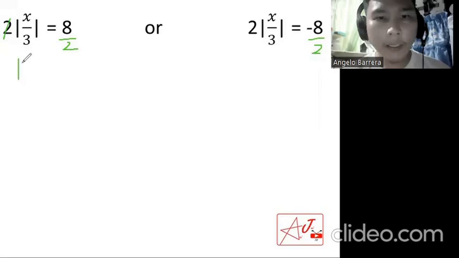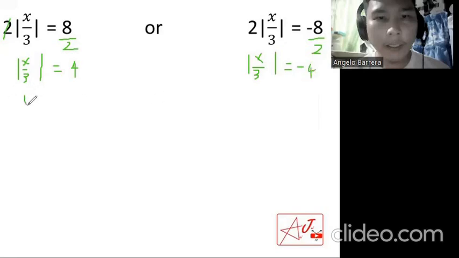So, maiiwan dito si absolute value of x over 3 which is equal to 8 divided by 2 is 4. So, dito rin, absolute value of x over 3 which is equal to negative 4 naman since negative si 8.